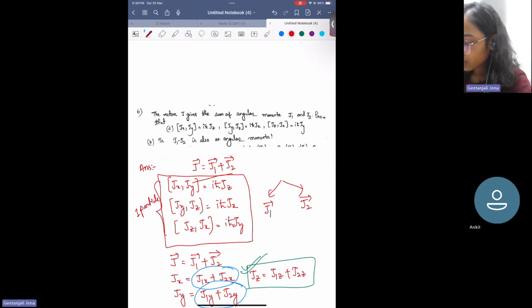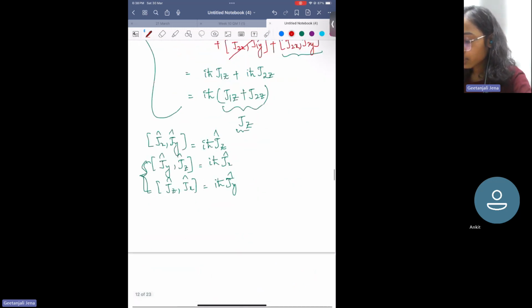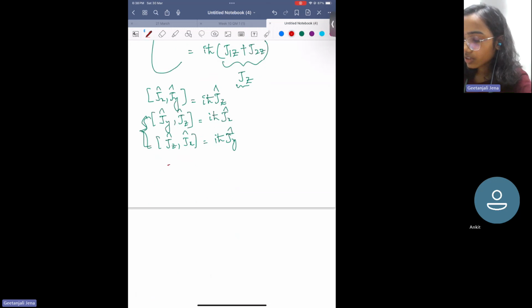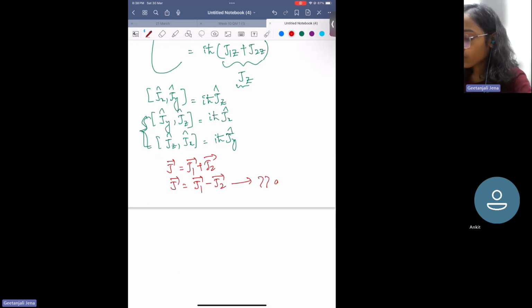The second part is whether J1 minus J2 is also an angular momentum. It is asking, if you take instead of J equal to J1 plus J2, J equal to J1 minus J2, is this also an angular momentum operator or not?